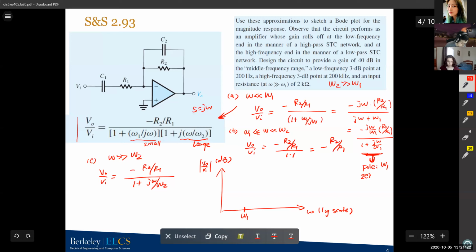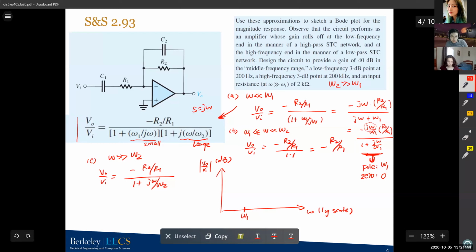And also we'll have a zero because we also have a j omega in the numerator, right? That means we have a pole, we have a zero. So in the first case, we have a pole at omega 1, but we also have a zero starting from 0. So we have a zero in DC, starting from DC already.